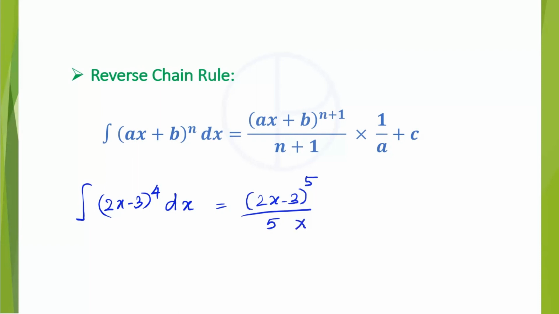Then write the coefficient of x in the denominator, which is 2, plus c. So 1 over 10 multiplied by (2x-3)^5 plus c.